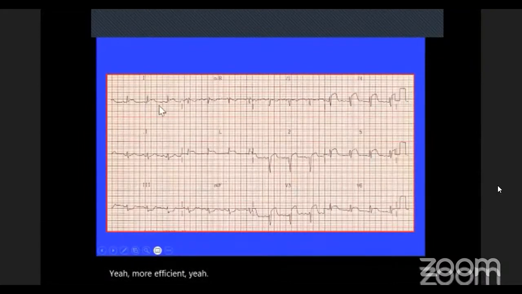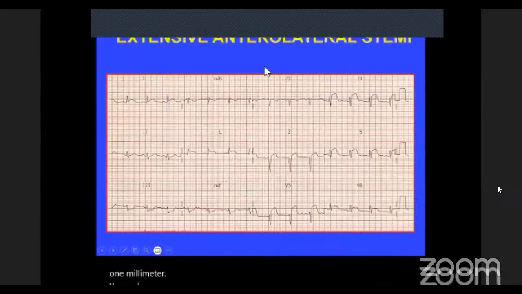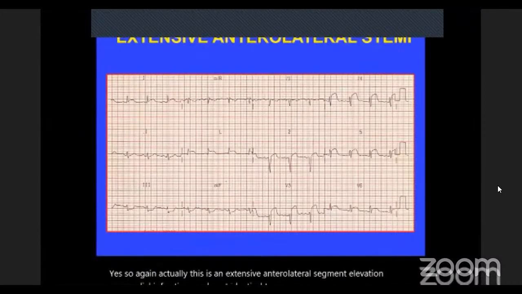And I'm not sure about V6, to be honest. Look at lead 1 and AVL. Is there ST segment elevation there more than 1 millimeter? Yes. So again, this is an extensive anterolateral ST segment elevation myocardial infarction. So almost identical to the first case. When you look at the distribution, again, significant LAD occlusion.